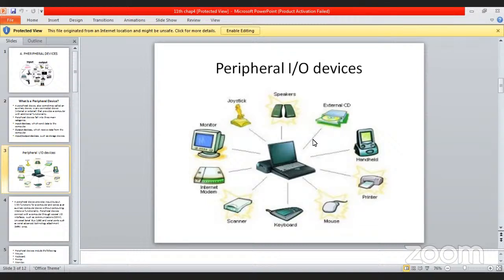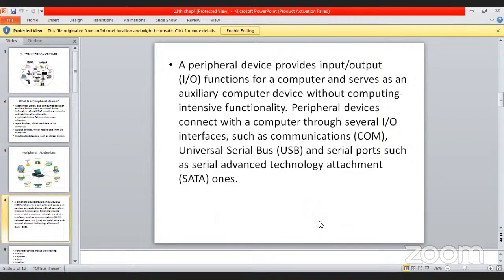It is an output device or an external device also. Right now we can see the keyboard example. It is an input device, as well as the mouse is also an input device or internal device also.